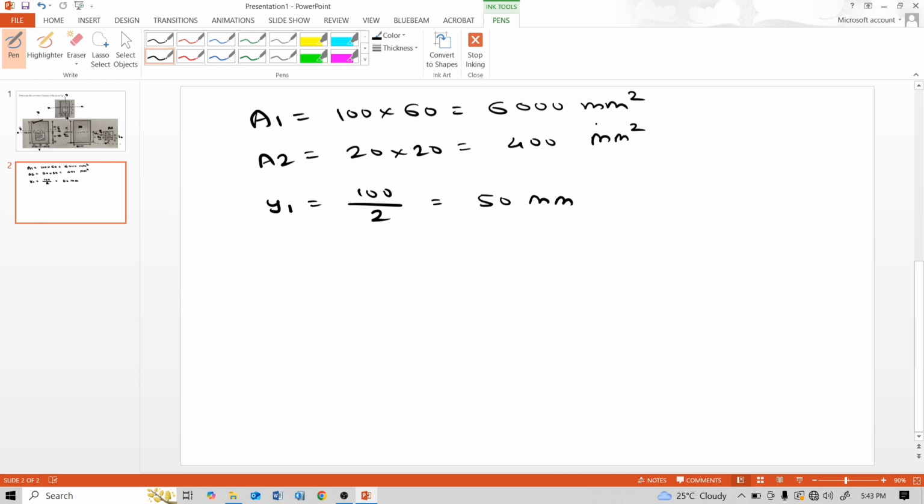The area unit is mm square and the neutral axis y1 unit is mm.